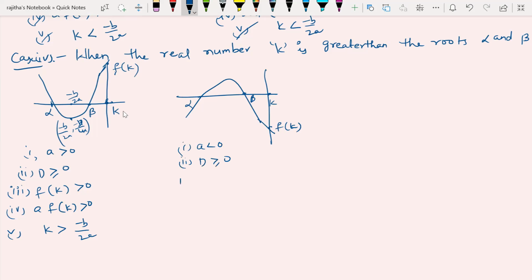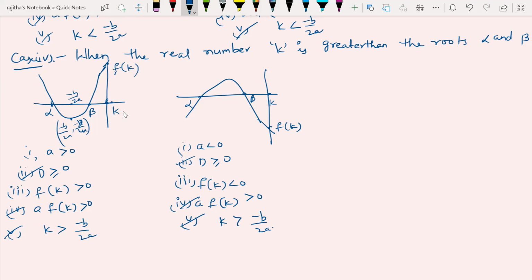The second point is discriminant greater than or equal to 0. The third point is f of k is less than 0. A into f of k is greater than 0. The k value is also greater than minus b by 2a. So what is common here? The discriminant is greater than 0, a into f of k is greater than 0, and the k value is greater than minus b by 2a.